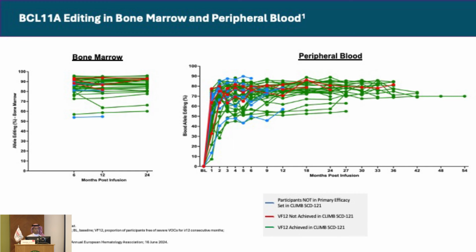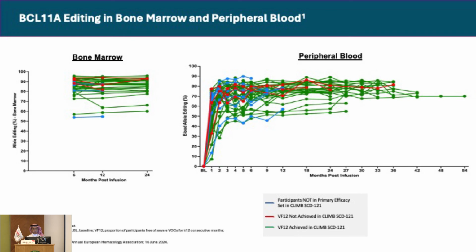As you can see in the green line, these all have achieved the primary endpoint. Those who had blue lines did not achieve it. Yes, they have good allele editing, but they remained symptomatic, and some of the red have still not achieved the endpoint yet.